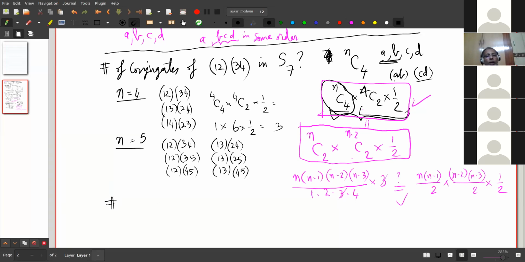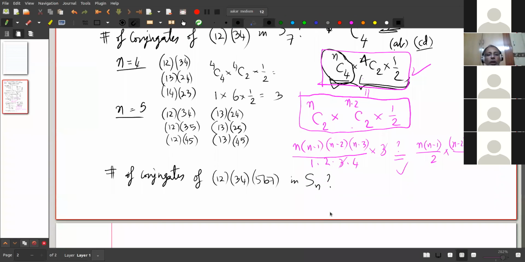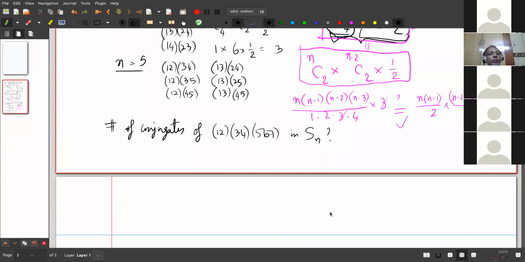So let's do one more case. Number of conjugates. I'm going with the suggestion given by madam of 1, 2, 3, 4, 5, 6, 7. Let's do this in SN. She was saying S7. We can do this in S7 if you want, but let's do it in SN. So what is the answer here?